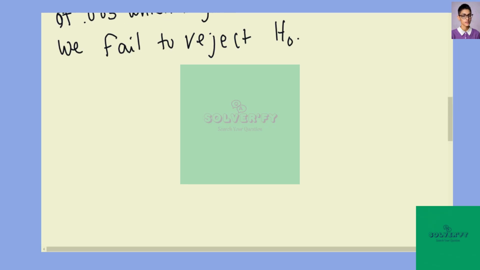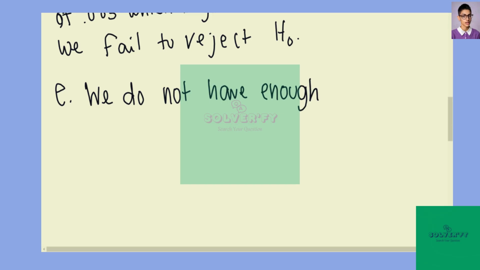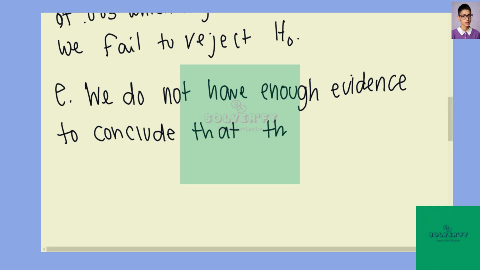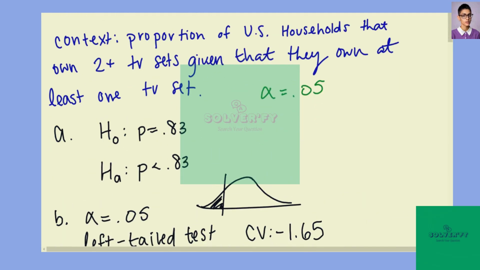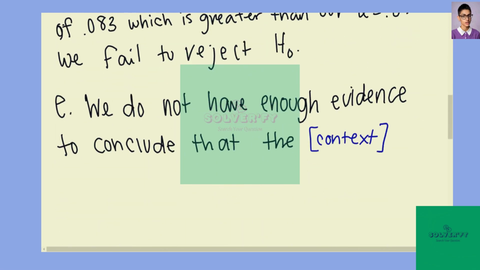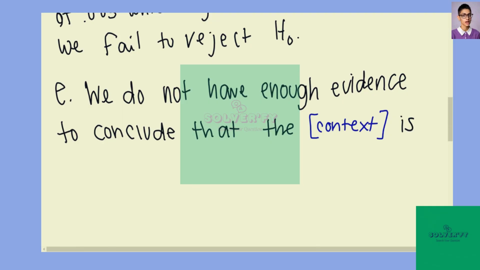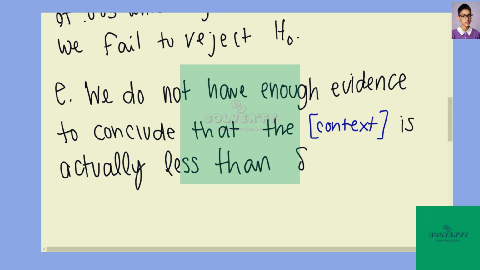So for E, we summarize what that means with context. This means we do not have enough evidence to conclude that the context, which I had written up here as the proportion of US households and so on, is actually less than 83%.